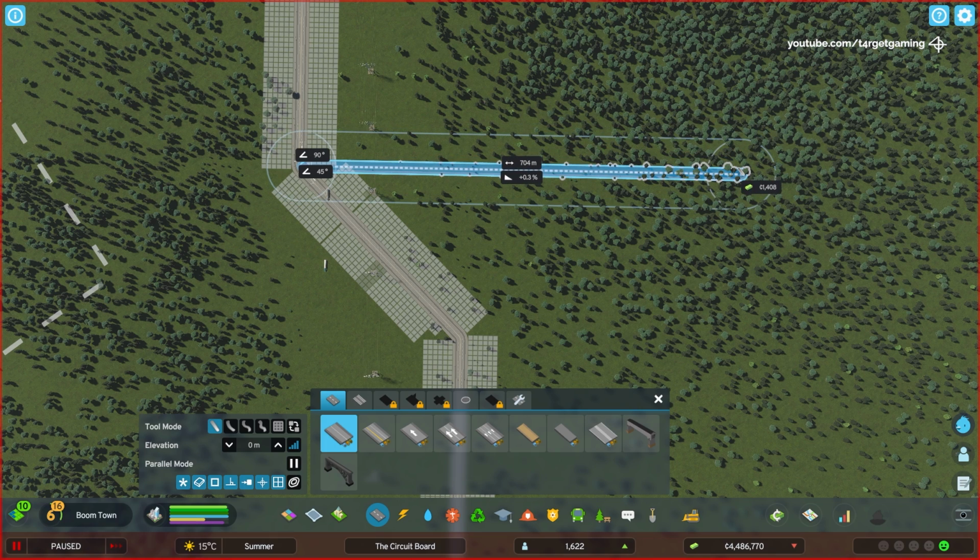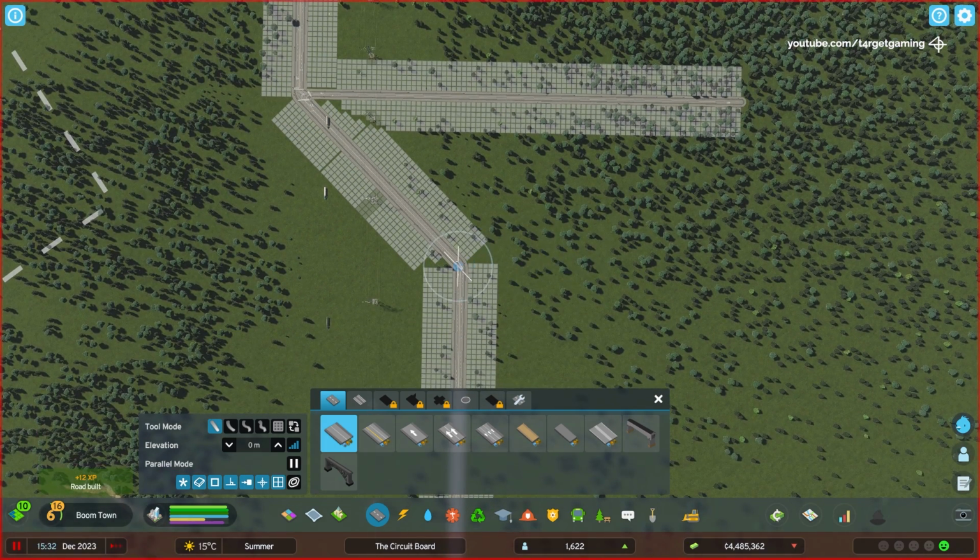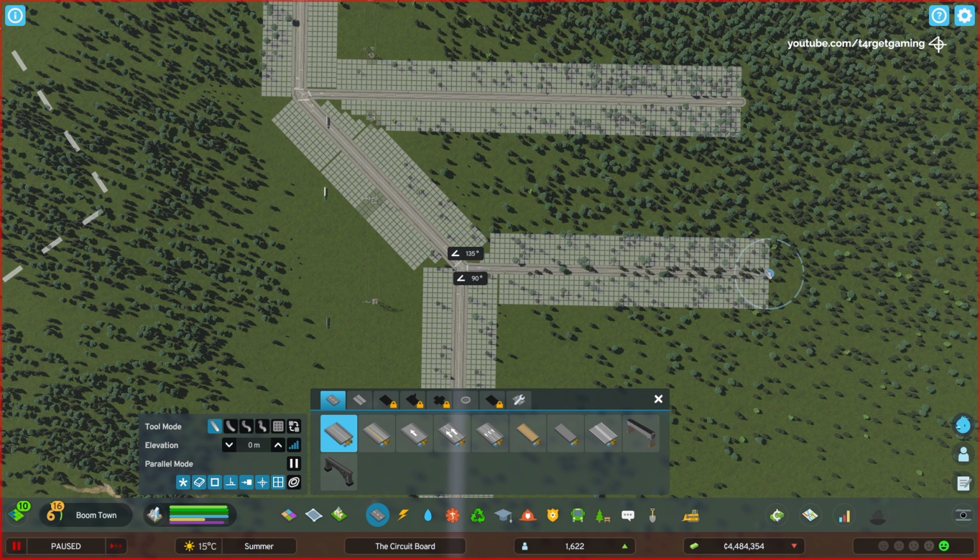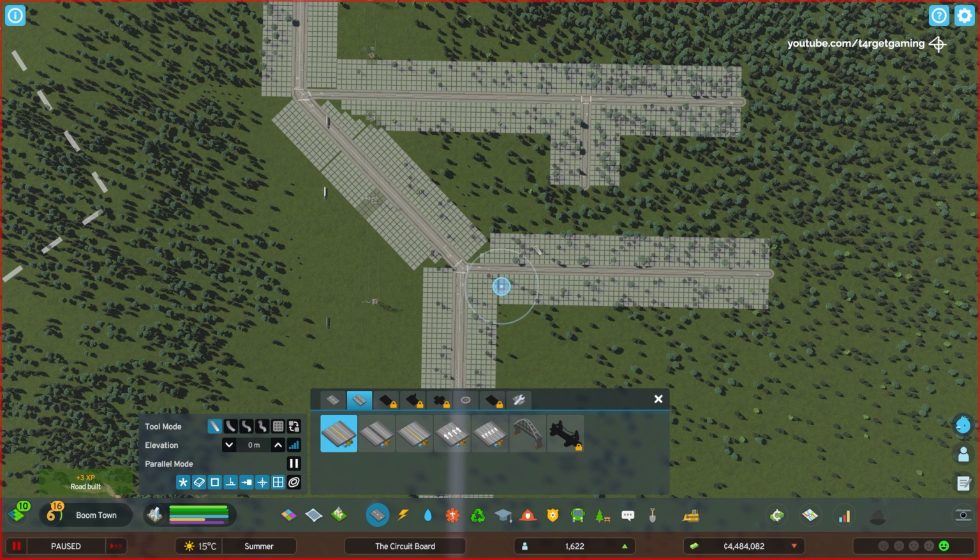So if I build a road over here at the intersection point and another one here, we can now make a segment that connects these two roads, and we can see that is 270 meters in length. The half point of 270 is 135 if I'm not mistaken. So we're going to go at 136, that's more than enough for me. And now we can build the connecting road.